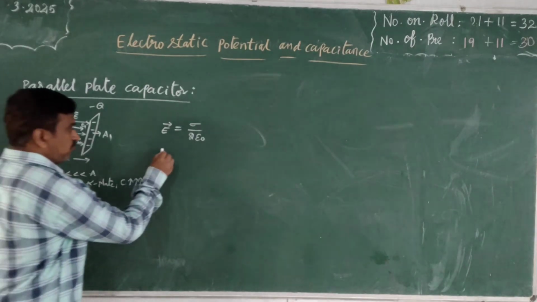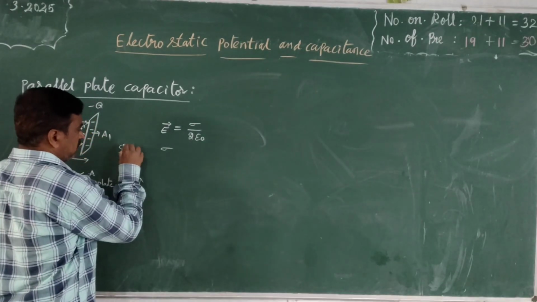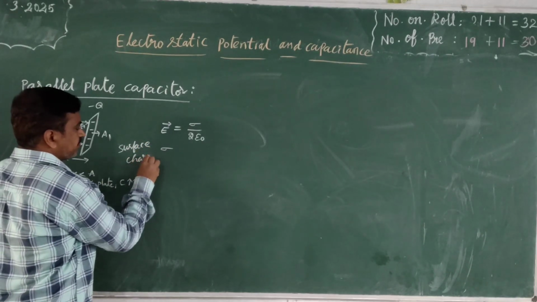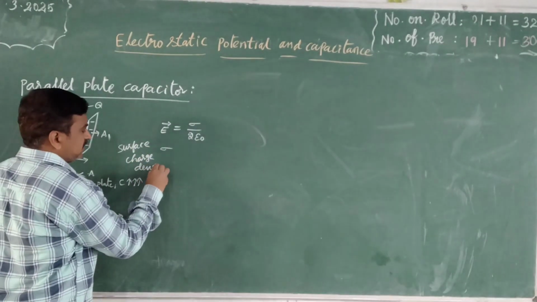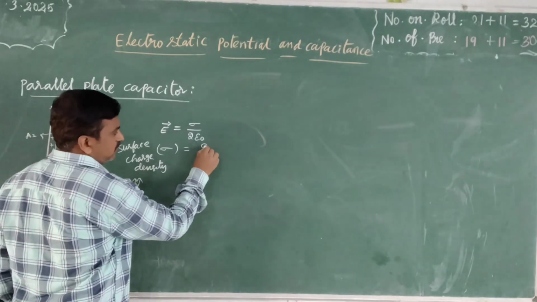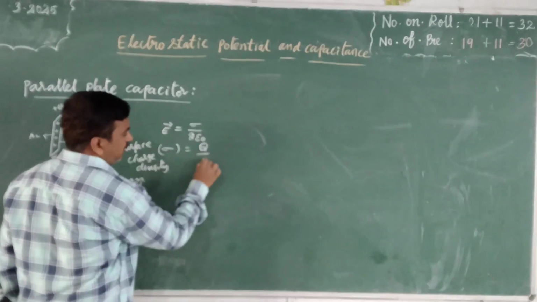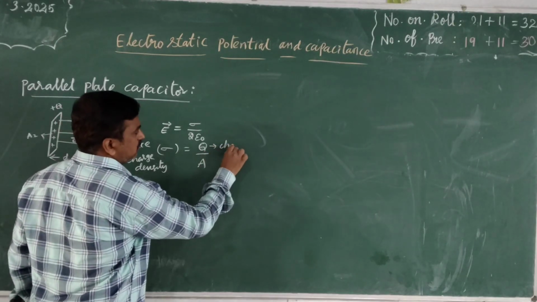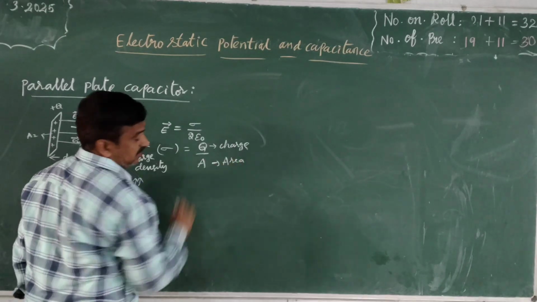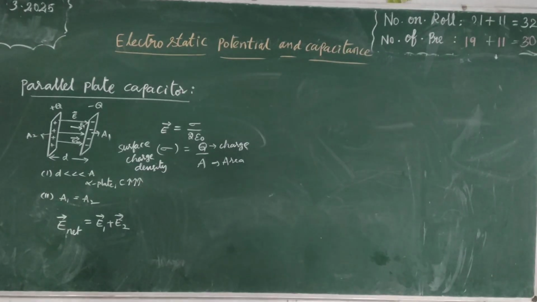Here sigma means surface charge density, which we represent as q by A, where Q is charge and A is surface area. Charge per unit area is called surface charge density.